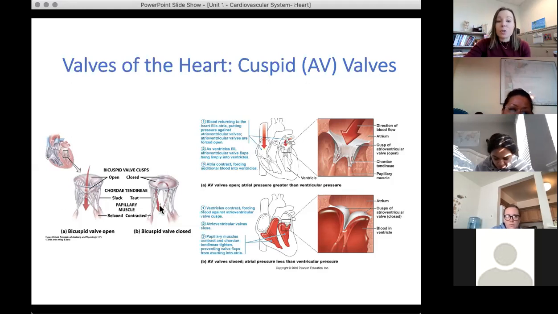These strings, these chordae tendineae, are going to keep enough tension so that the valve literally can't go up. It can't move up because they're pulling on it. So it can't go this way. So by maintaining that tension on the valve, they ensure that blood can't flow backwards, that blood continues to flow in the right direction.